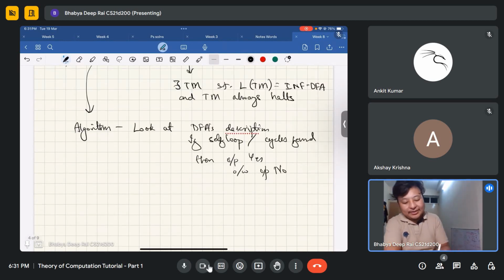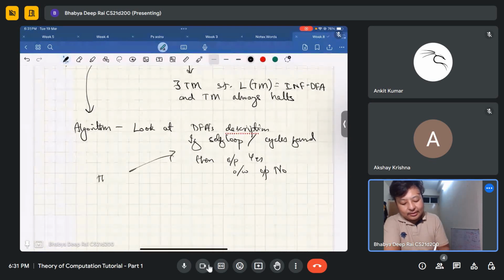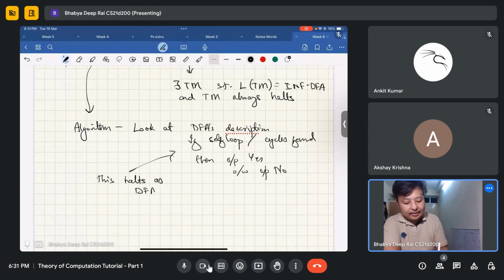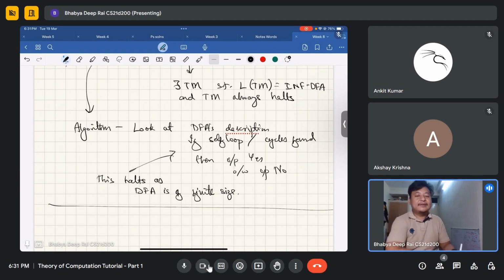Why? This halts as a DFA is always of finite size. So this is a finite process.